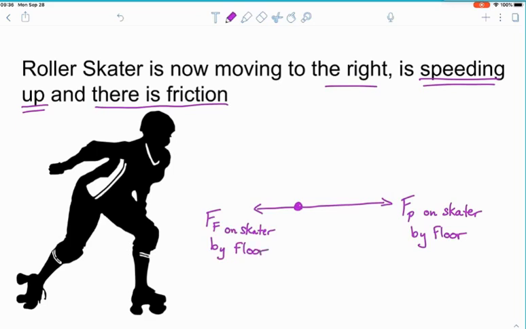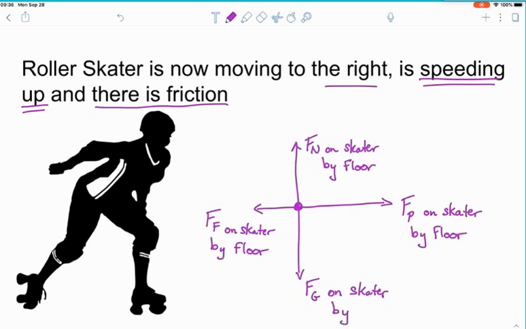And then the other two forces that we have going on right now are your normal force on the skater by the floor and your gravitational force on the skater by Earth. All right, so those are the 4 forces.